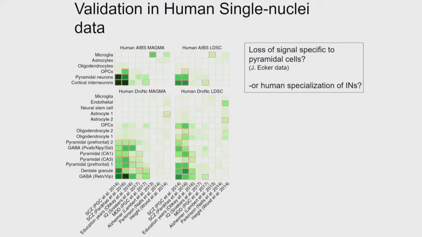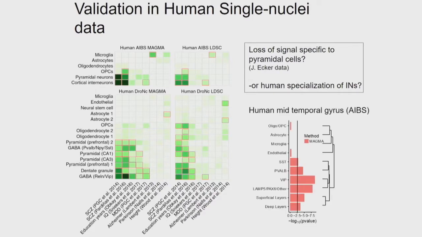We repeated this in a new data set from the Allen Institute, and here we actually do see the GABAergic neurons being even more enriched than the pyramidal cells. So the jury is out, and we're trying to find ways to get over this. But the main finding holds true, consistent with our finding in mouse.